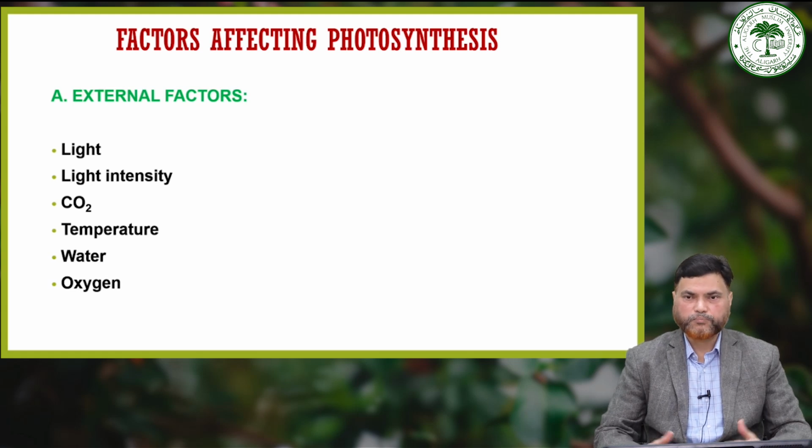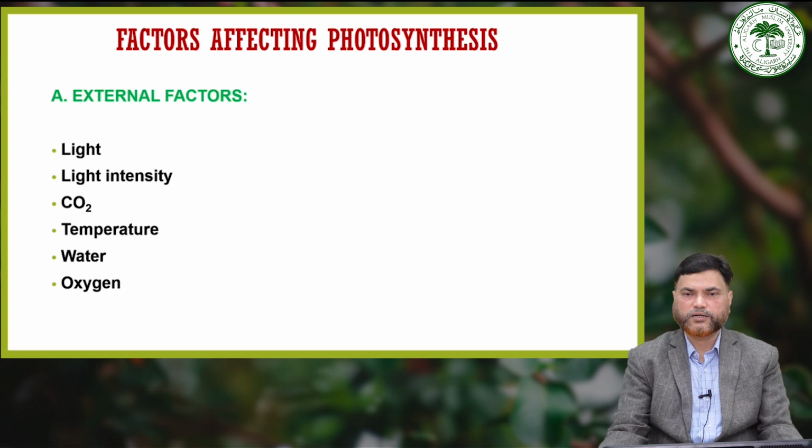So, it is very important to consider the principle of limiting factor at this juncture. And now, what is the principle of limiting factor? According to this principle, the rate of any physiological process such as photosynthesis is limited by the factor that is in the shortest supply relative to the demand.